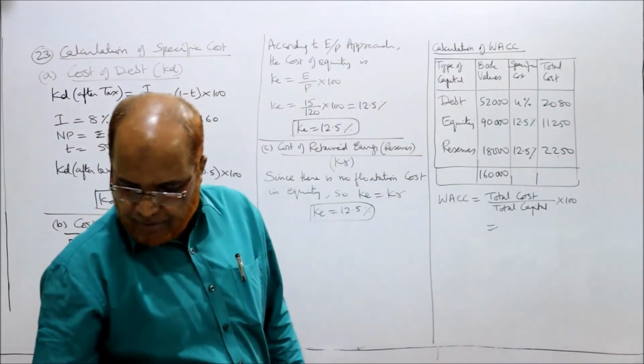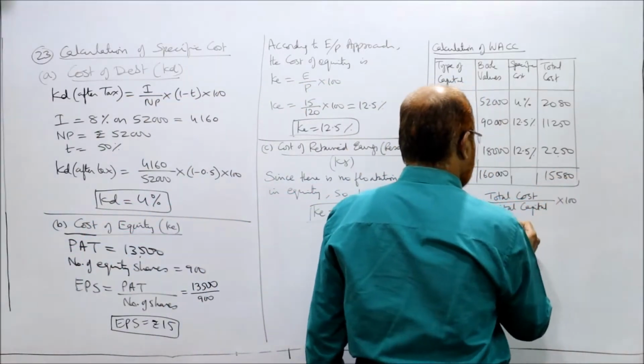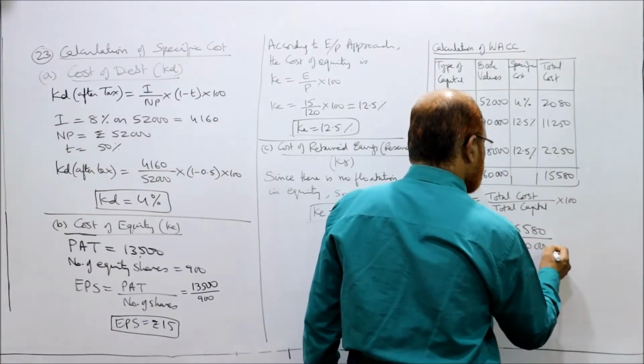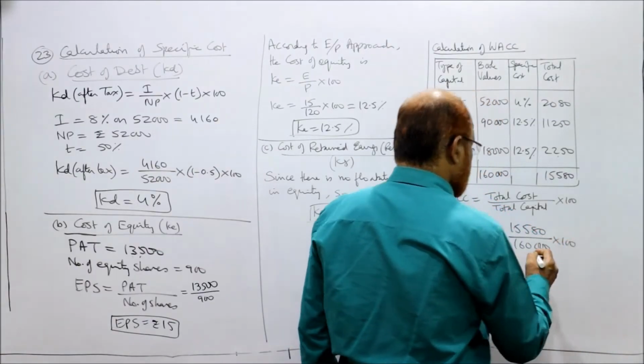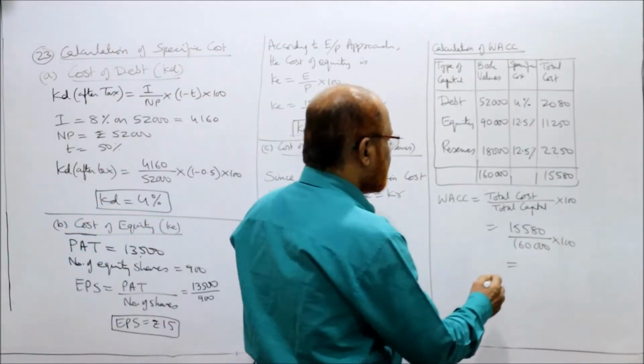Now add up. It is 15,580. 15,580 divided by 1,60,000 into 100. WACC is equal to 9.74.